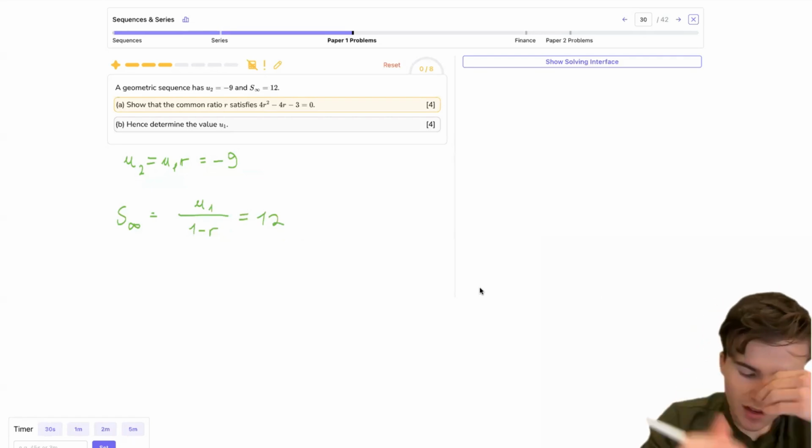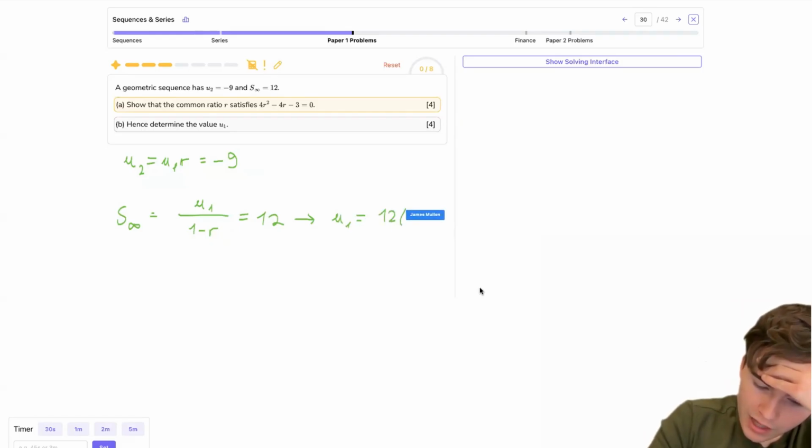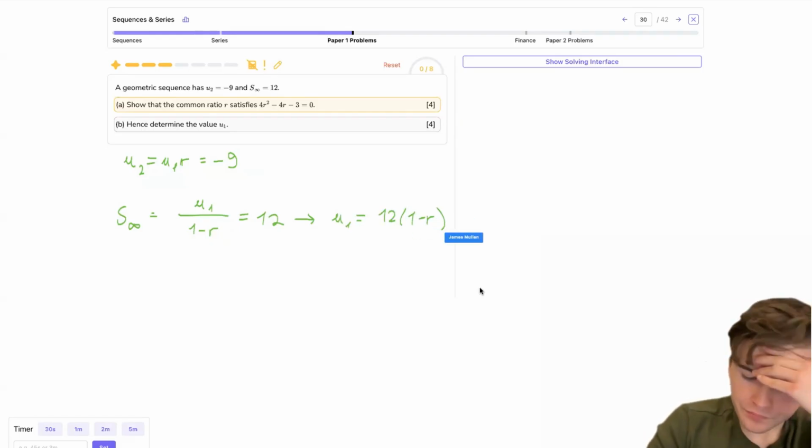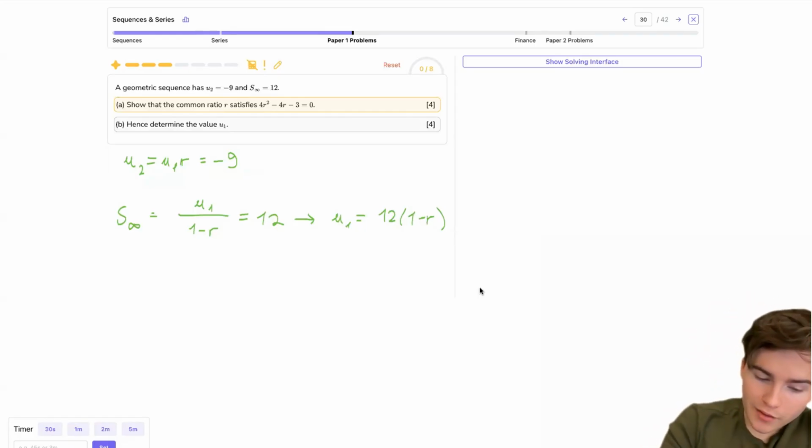So if I solve for U1 in this formula, I get U1 is equal to 12 times (1 minus r). And I can plug that into the previous formula, U1 r is equal to minus 9, and say that 12 times (1 minus r) times r is equal to negative 9.